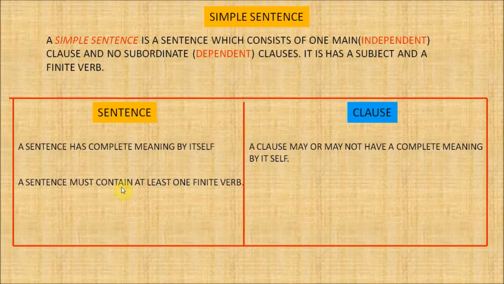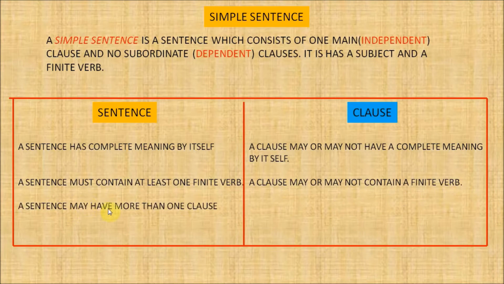A sentence must contain at least one finite verb. On the contrary, a clause may or may not contain a finite verb. Also, a sentence may have more than one clause, but a clause is a part of a sentence.